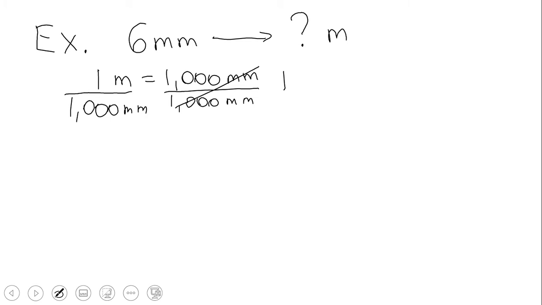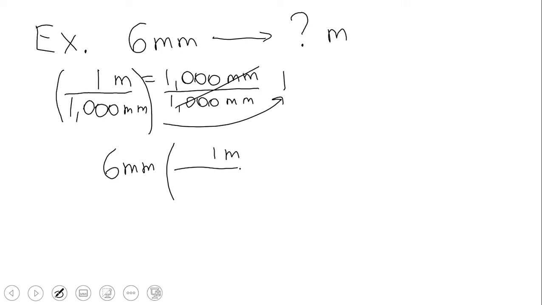And by 1, I mean just a pure number, because the units themselves cancel as well. What this tells me is that if I multiply something by the ratio on the left, it's the same as multiplying it by 1, because those are the same thing. So if I take 6 millimeters and I multiply by the ratio that I just constructed, see what happens here.